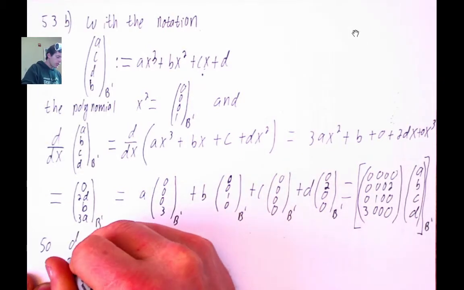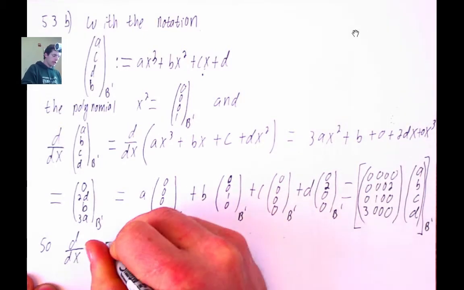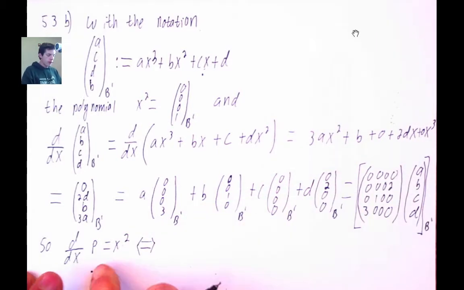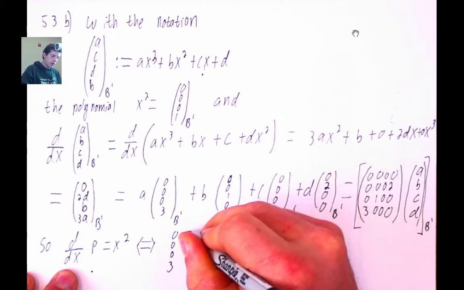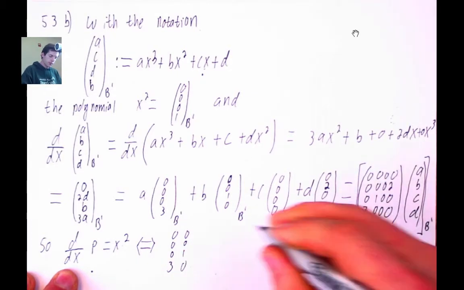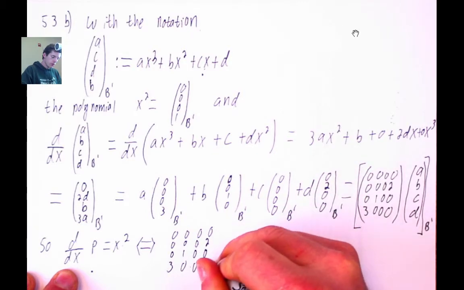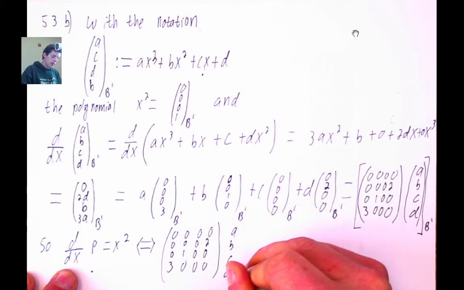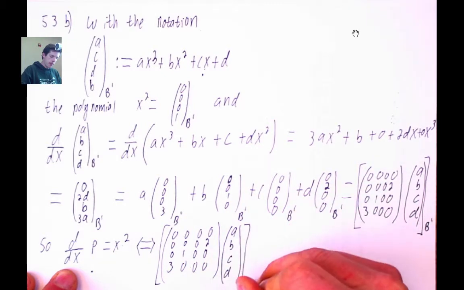the differential equation d dx of P is equal to x squared is equivalent to, that's a differential equation, here is an equivalent matrix equation. 0, 0, 0, 3, 0, 0, 1, 0, 0, 0, 0, 0, 0, 2, 0, 0, acting on A, B, C, D, basis B prime.